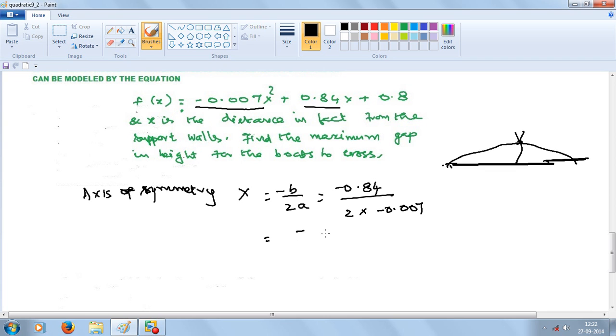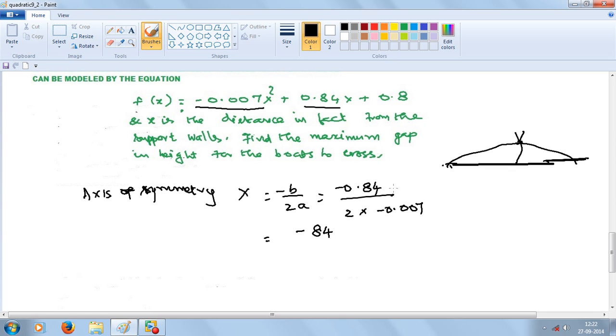minus, let us multiply it by 100 or 1000. If you multiply by 10, it becomes 8.4. If you multiply by 100, it becomes 84.